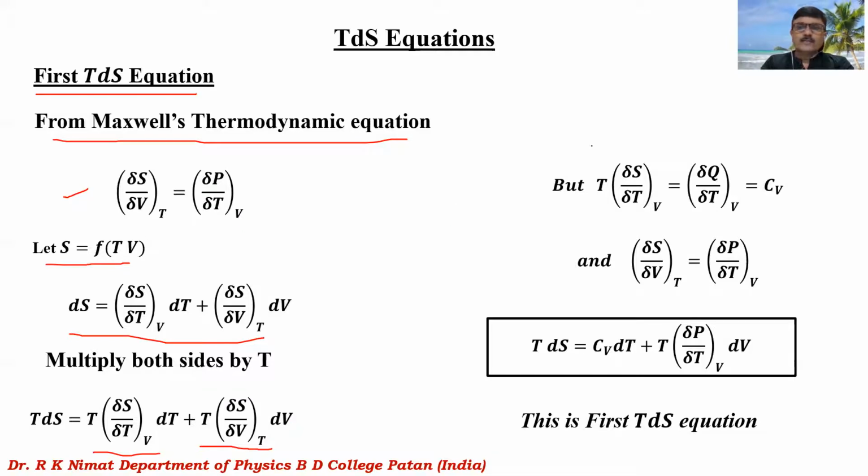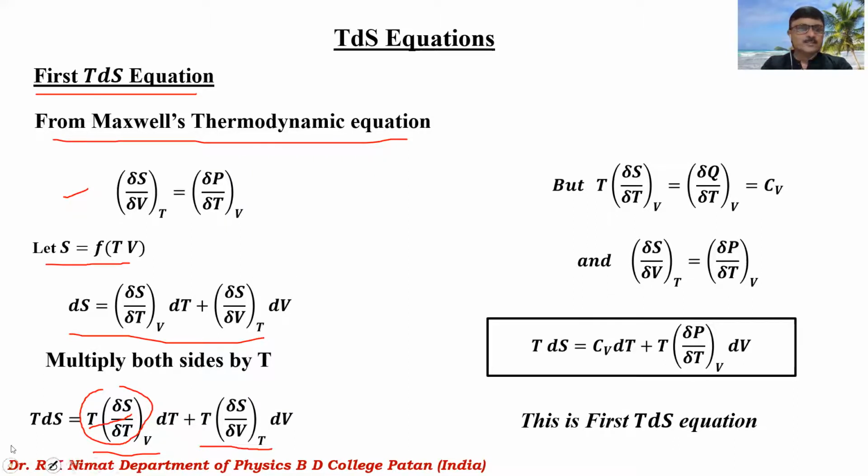But we know that T dS is nothing but delta Q, that is, whatever amount of heat is absorbed or emitted by the system. Whenever there is a change in entropy as delta S, that is the second law of thermodynamics.